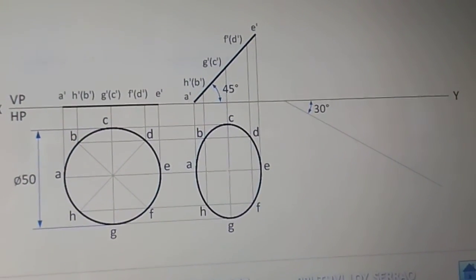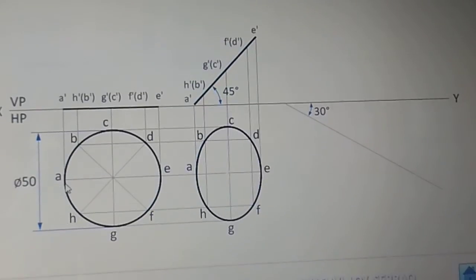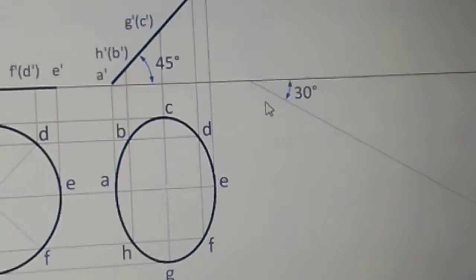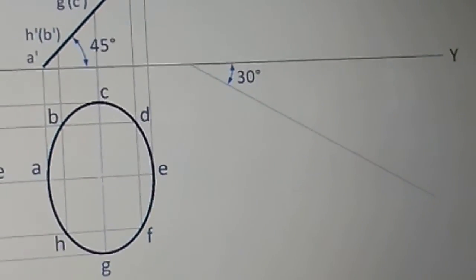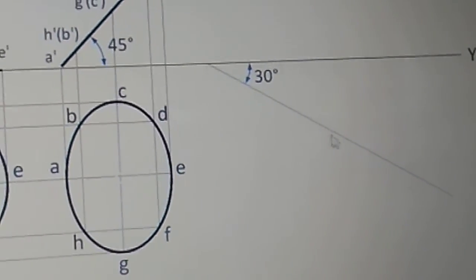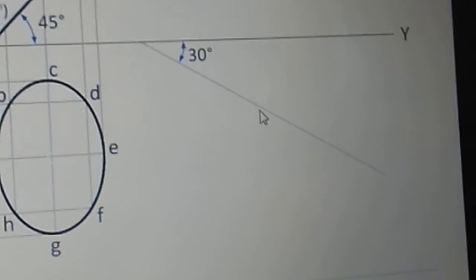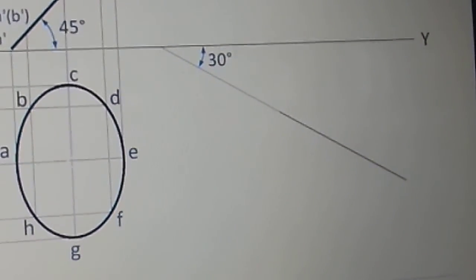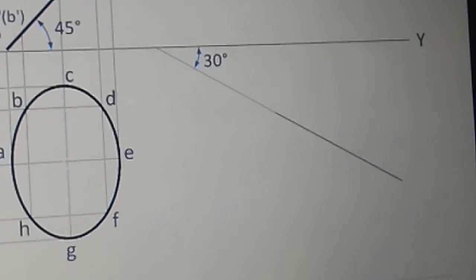So you take any one, but here I am going to take this AE as the diameter on this 30-degree line. So you take the true length first, that AE, that is 50 mm, on this 30-degree line with VP.